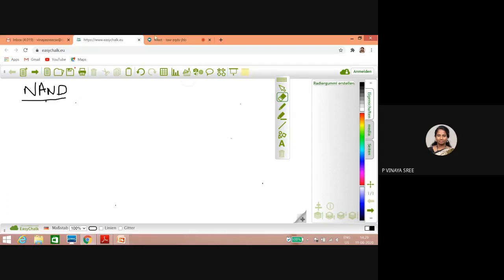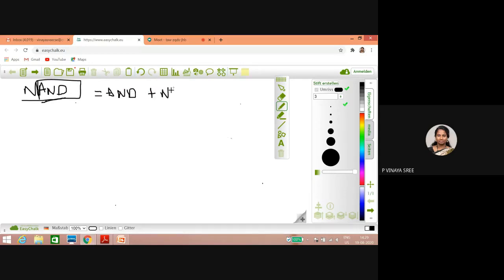Okay. So before that, let me start with the symbol of the NAND gate. Before going for the symbol, you must know that by seeing this name, we have AND here. So definitely there will be AND, plus this N indicates NOT.